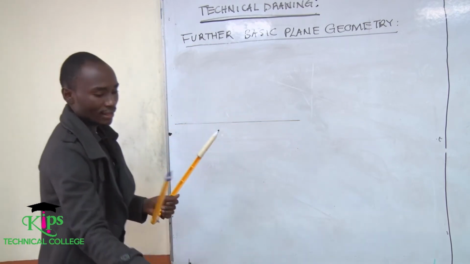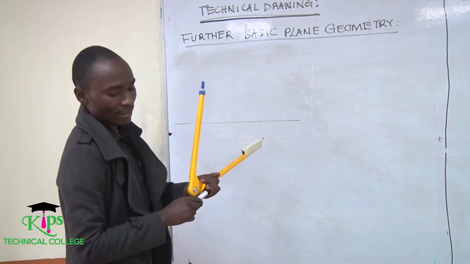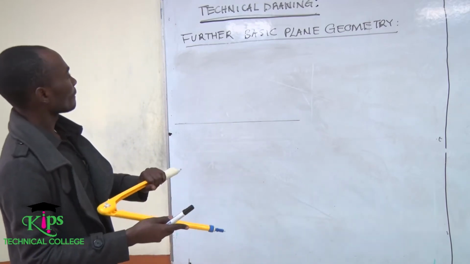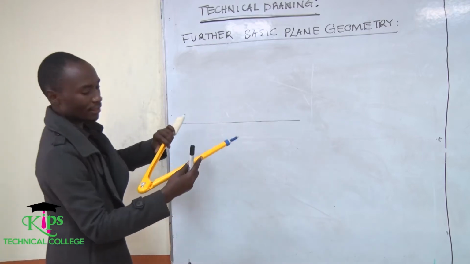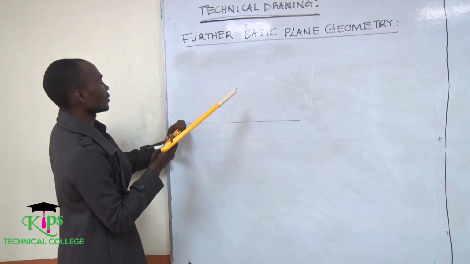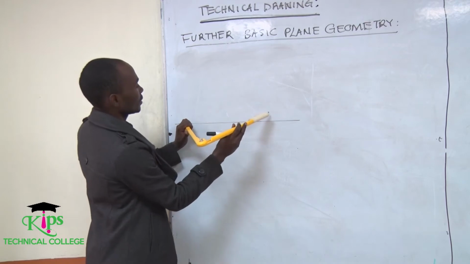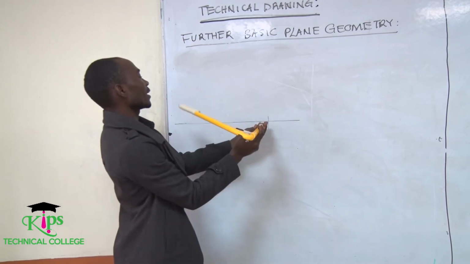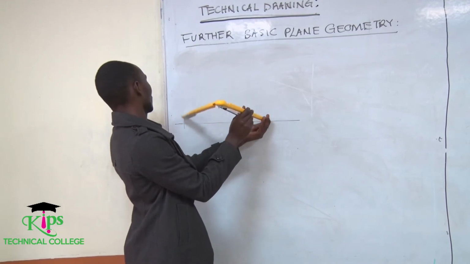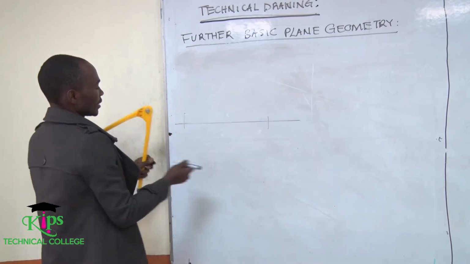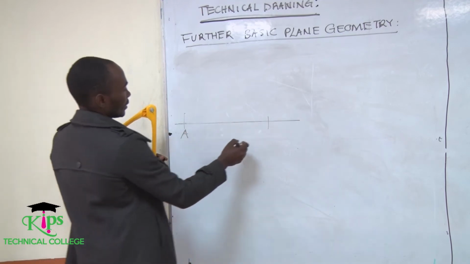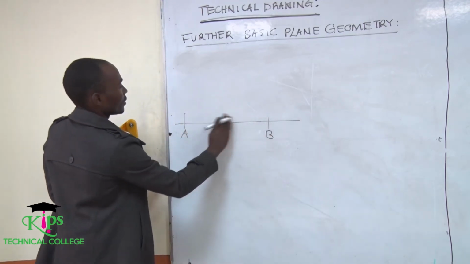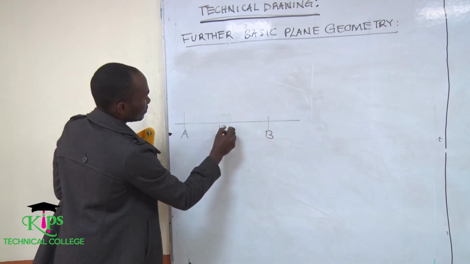So that is the line. Let me dimension my line to something like, let me give it something like 70 millimeters. I start here, then again start here. So this is A, this is B. Let's give it 100, which is better.